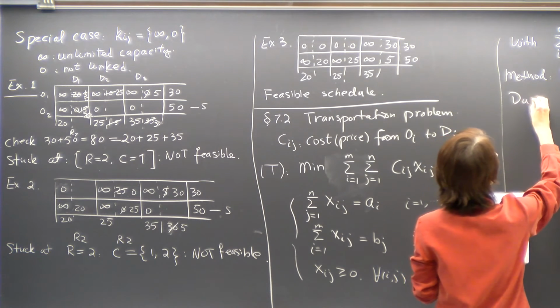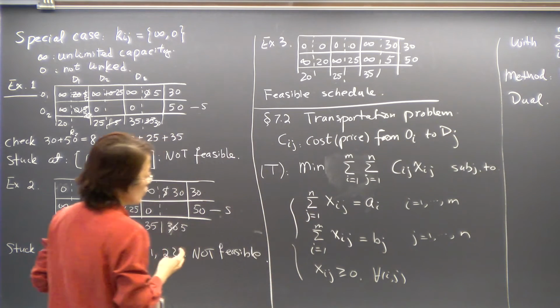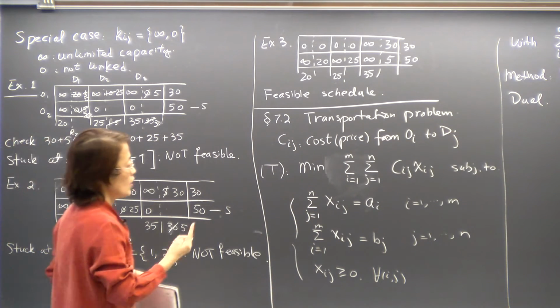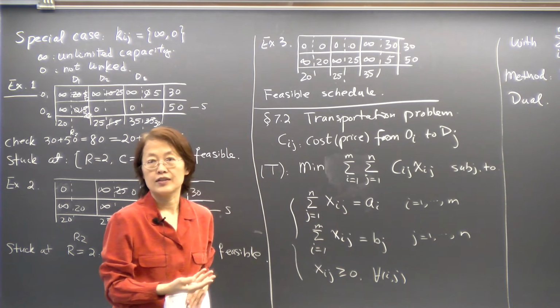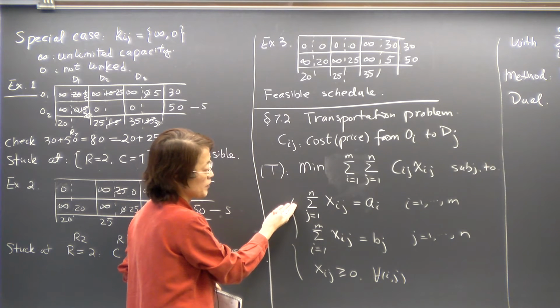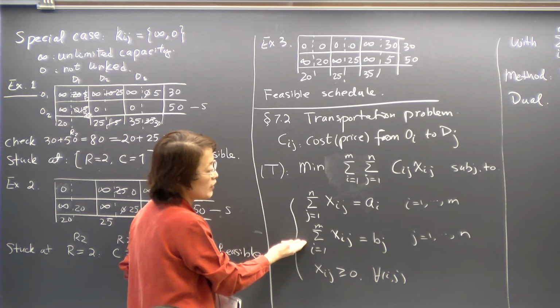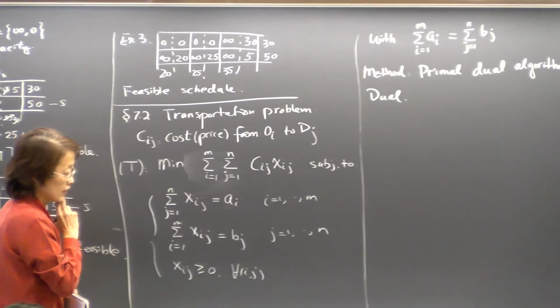So here you would use the dual problem, so I need to form the dual. For the dual problem, I need to introduce new variables, one new variable for each constraint that I have here. And I have two sets of constraints. The first set comes from the supply, and the second set comes from the demand. Here there are m equations, here there are n equations.